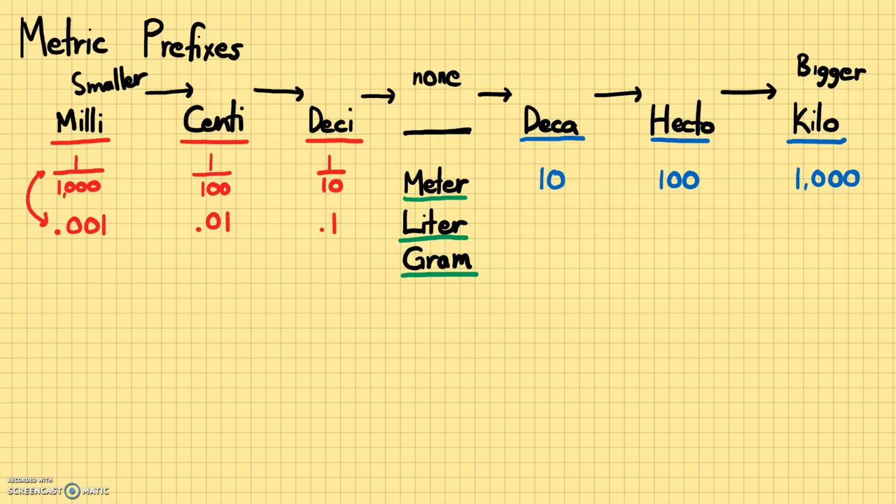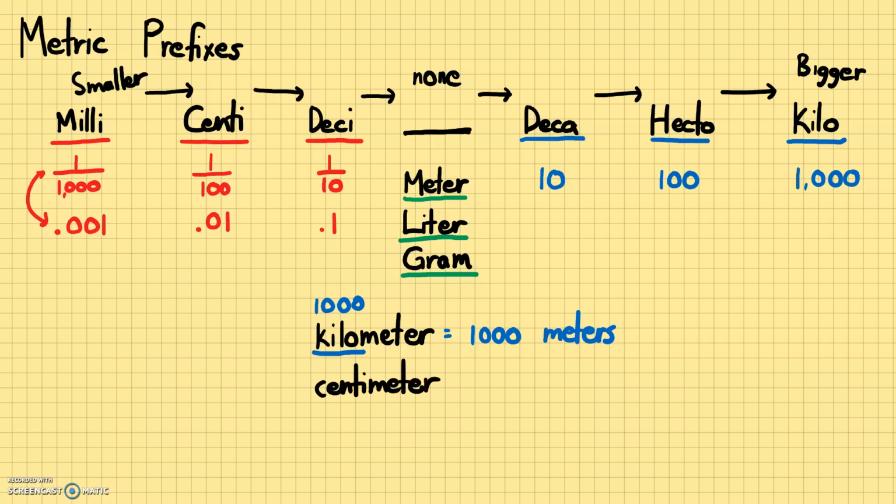So what does this mean? When we say kilometer, kilo means 1,000, right? So this actually means 1,000 meters. When we say centimeter, centi means 1 over 100, right? According to our chart there.